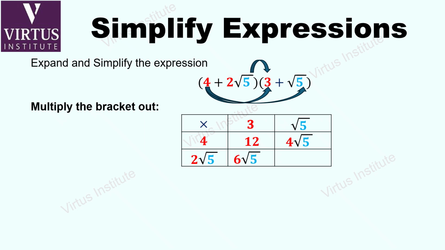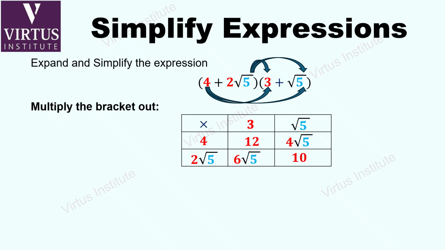After that, multiply 2 square root 5 by square root 5. Since square root 5 multiplied by square root 5 equals 5, the answer is 10.